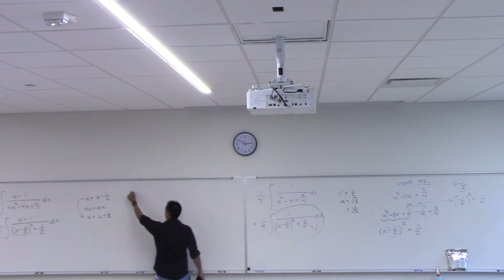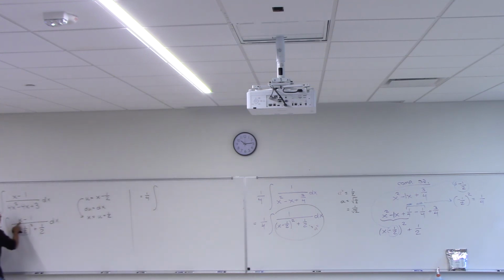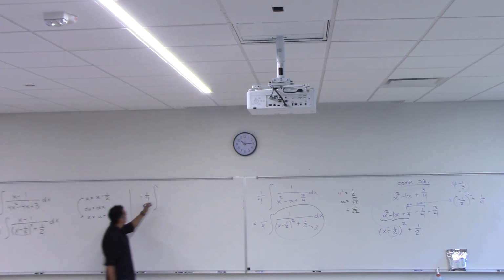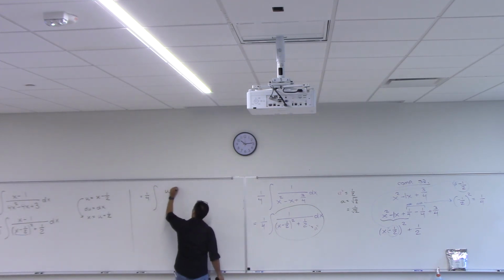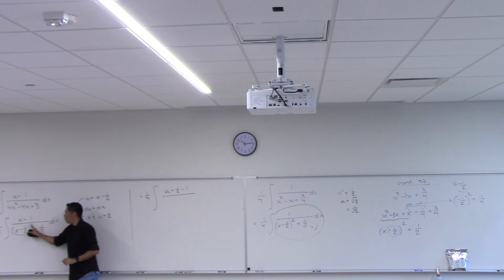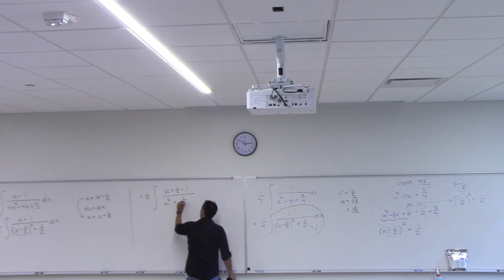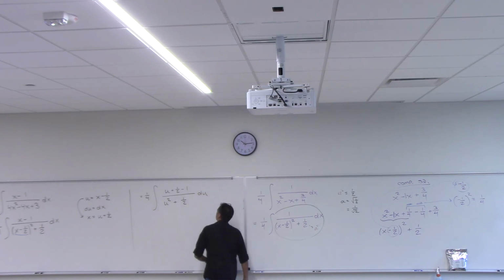So here's where we are. Equals 1/4 integral. The numerator is x, which for us is u plus a half minus 1, over the bottom here, which is u squared plus a half, du.